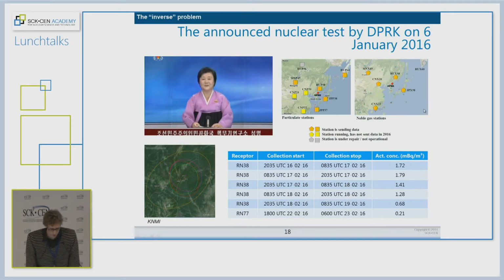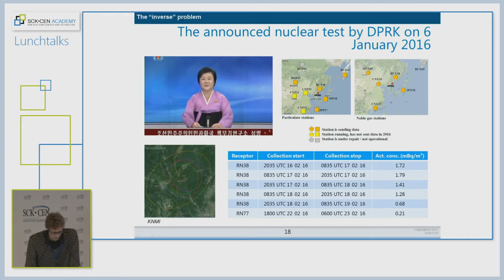So these concentrations could come from civil sources, or they could come from a delayed release from the test site in the DPRK. We don't know that a priori, but we try to investigate with these air transport models whether we can link these observations with a release from the DPRK.